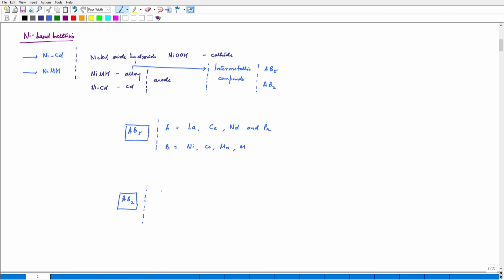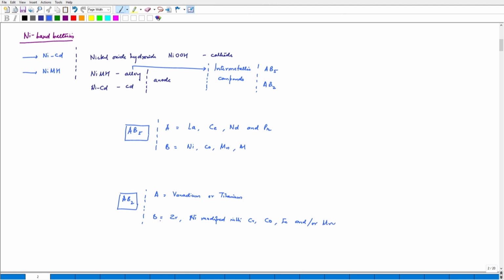When we look at AB2 type of intermetallic compounds, we will have A, vanadium or titanium, and B is basically zirconium or nickel that is modified with, so it's not pure nickel, the chemical composition is altered with chromium, cobalt, iron and or manganese.